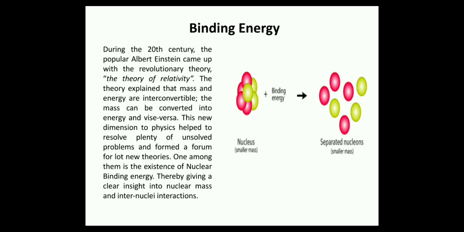This new dimension to physics helped to resolve plenty of unsolved problems and formed a forum for many new theories. One among them is the existence of nuclear binding energy, thereby giving a clear insight into nuclear mass and internuclear interaction.